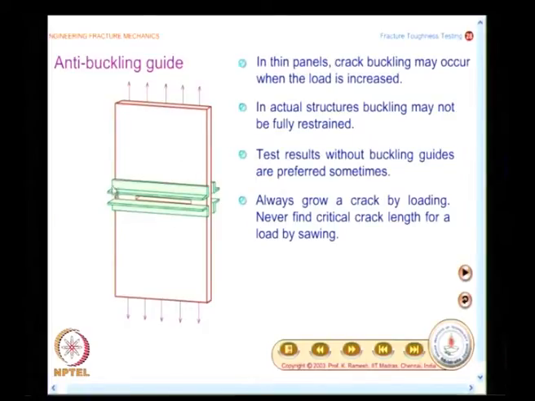Nevertheless, you draw this diagram where special guides are provided, which will prevent the panel from buckling when loads are applied. These are the guides to prevent buckling, they are known as anti-buckling guides. So, one recommendation is perform the test with anti-buckling guides.